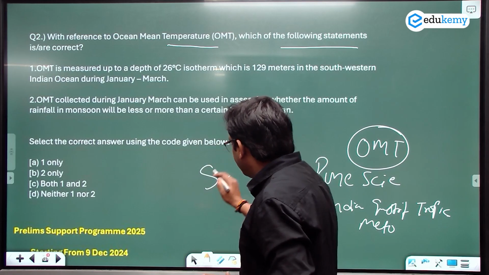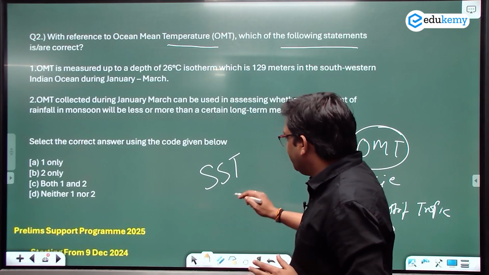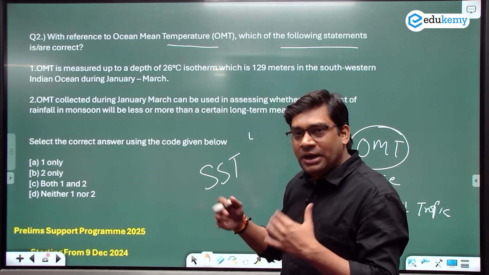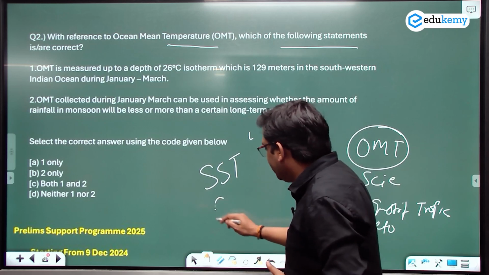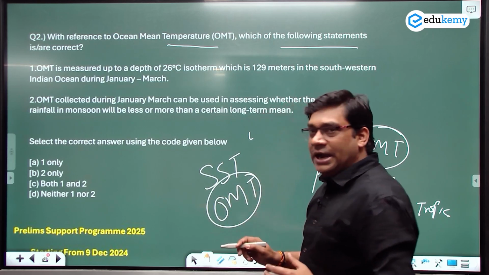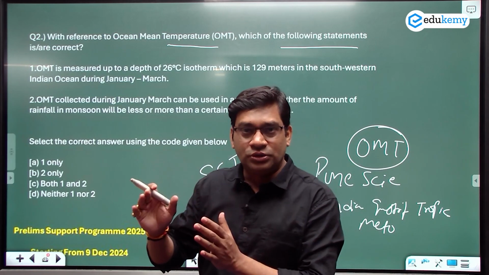Sea surface temperature is very volatile, it changes with cloud cover and wind pattern, so it always changes. It's not stable like ocean mean temperature. Ocean mean temperature is more stable and predicts cyclones and monsoon for India better.